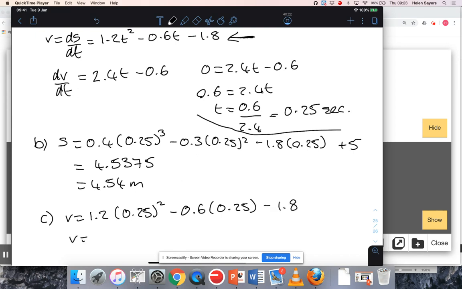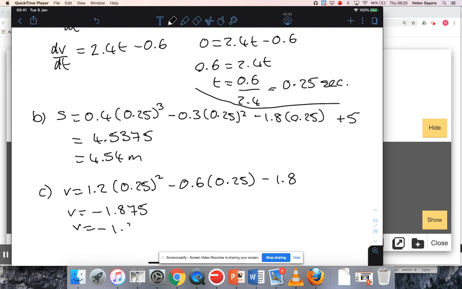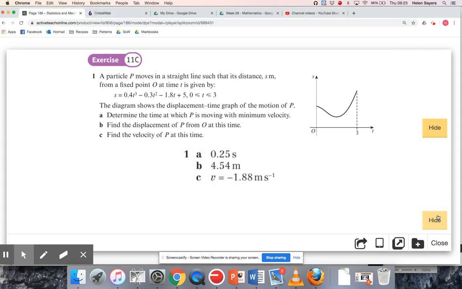So 1.2 times 0.25 squared minus 0.6 times 0.25 minus 1.8. That's giving me minus 1.875. I'm going to round that to 3 significant figures, and that's velocity, so it's going to be meters per second, and I think that was the right answer.